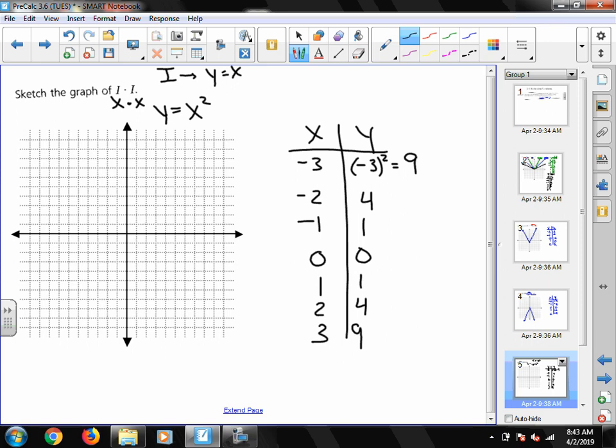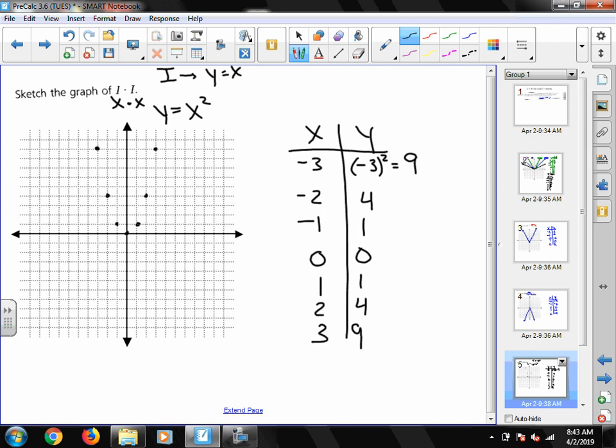Be careful with those negatives. Make sure that when you square that negative number, it does become positive. And 0, 0, 1, 1. And this is nice. It's very symmetric. 2, 4, 3, 9. -2, 4. -3, 9.